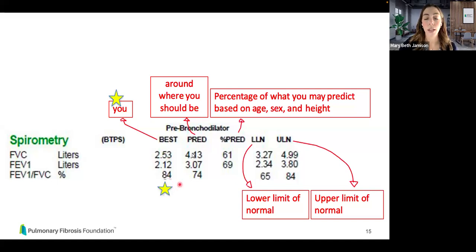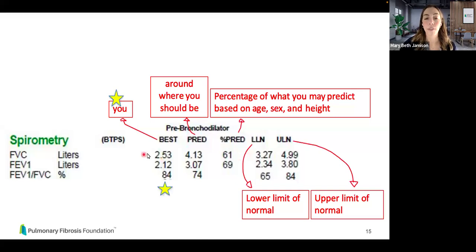This is you. This column here, predicted, that's around where you should be. So for this particular one, they should be around 4.13, and they did 2.53. So it's a little bit low. And this predicted number comes from the lower and upper limit of normal. So this is a good section to look at, the lower limit of normal, if you're wondering, where do I fall?